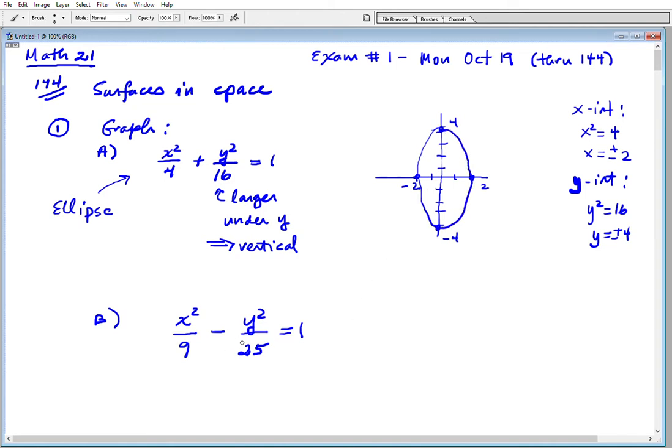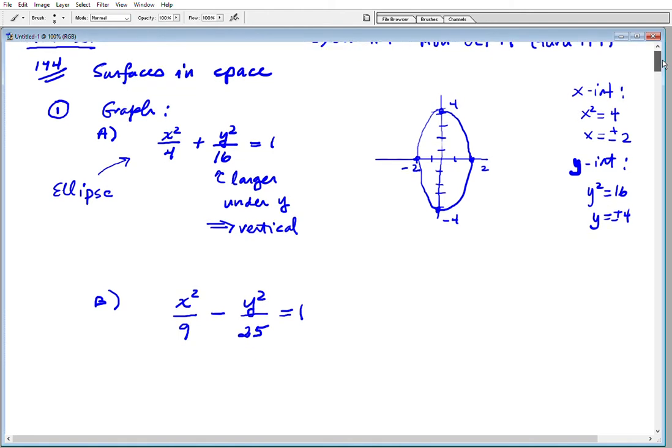And we recognize this form with a minus in between as a hyperbola. And this time, determining whether it's a horizontal or vertical hyperbola depends on which comes first. All right, so in the subtraction, since x is first, that means horizontal.